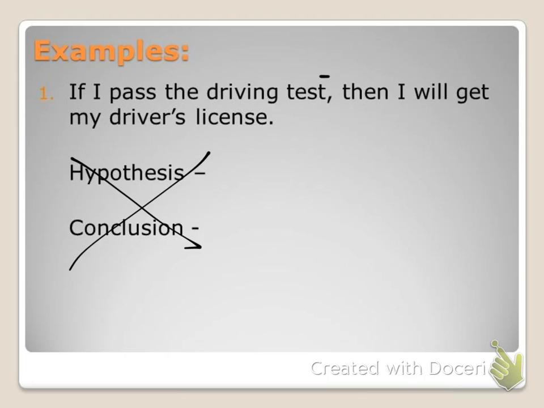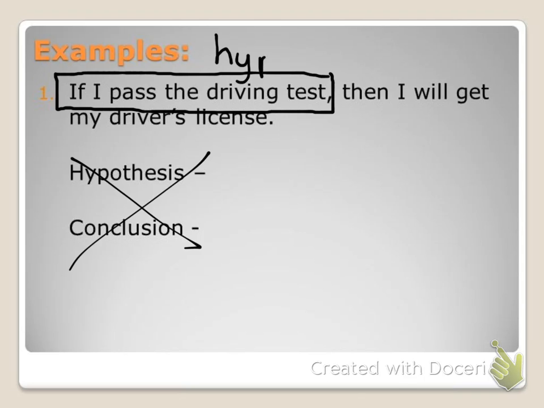Alright, so the way I want you to do these, I want you to box in the first part, the if part. Do you remember what the beginning is called? Hypothesis. So put a box around it, label it hypothesis. That'll just save you from writing it twice. The rest of it, then I will get my driver's license, is called the what?